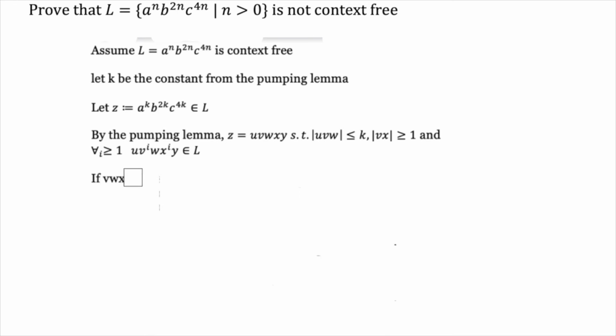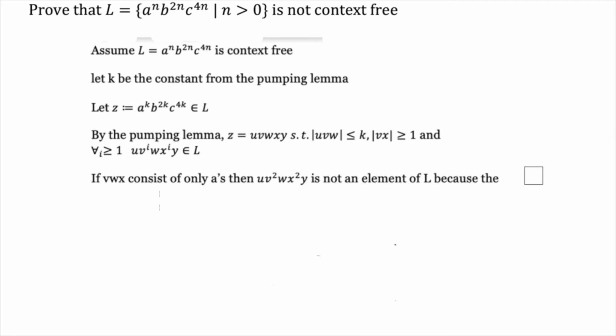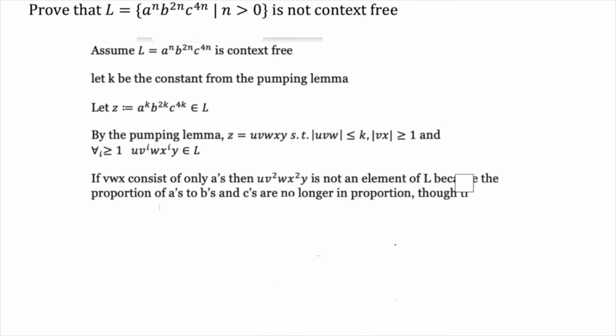Now, we're going to consider all possible decompositions of v, w, and x. If v, w, and x consist of only a's, then pumping the word to give u, v squared, w, x squared, y will produce a word that is not a part of the language, because the proportions of a's are no longer half of the length of the block of b's or a quarter of the length of the block of c's.